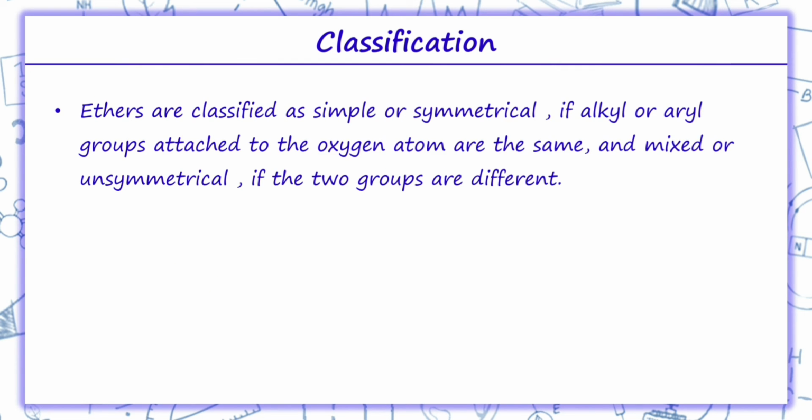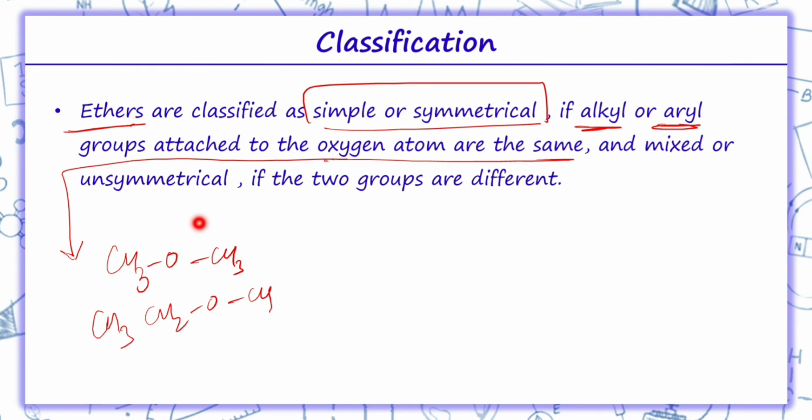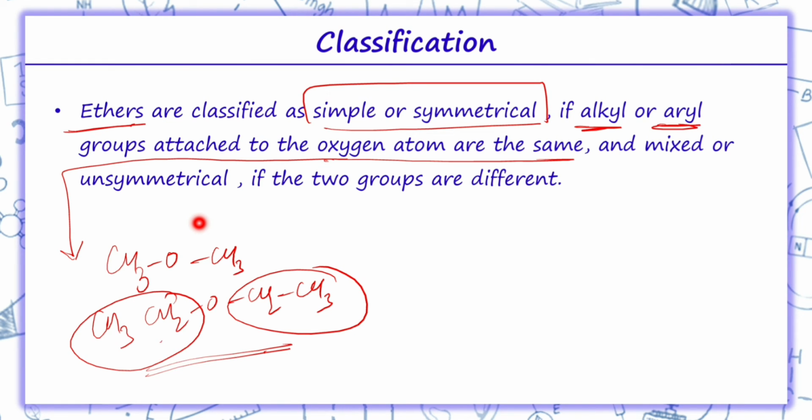Coming on to the classification of ethers. Ethers are classified as simple or symmetrical if the alkyl or aryl groups attached to the oxygen atom are the same. Like we have CH3OCH3, CH3CH2OCH2CH3. So here ethyl, here also ethyl. So this is known as symmetric or simple.